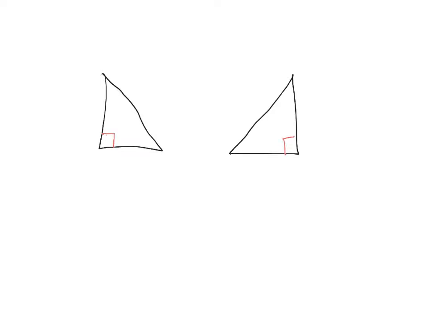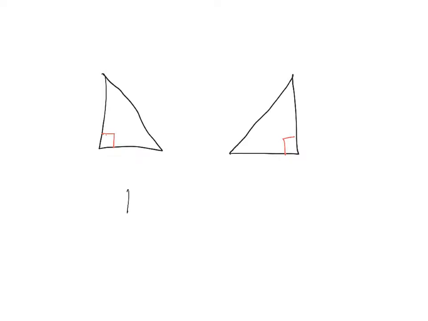The last one I can use is kind of a derivation on that side, angle, side postulate. And that's because we're going to use something called hypotenuse leg. And as it sounds, hypotenuse leg has to deal with specifically two right triangles being congruent to each other.